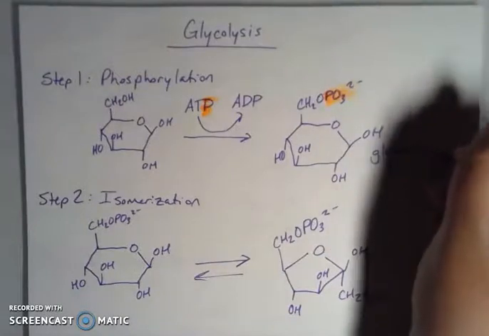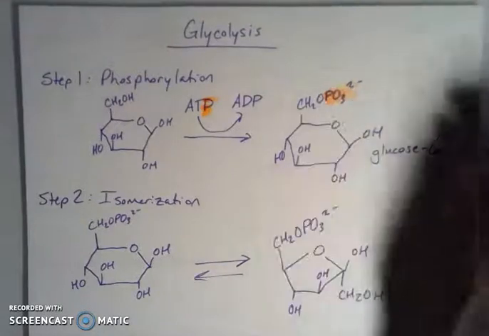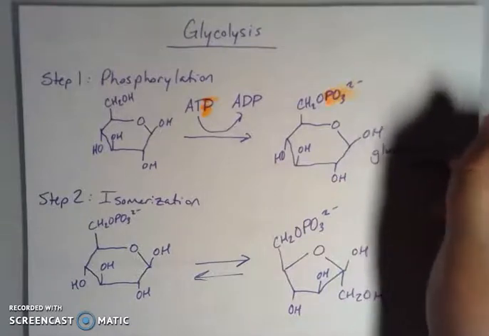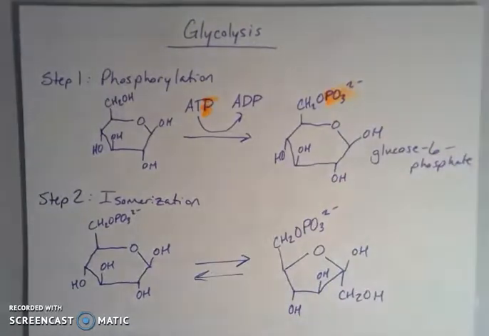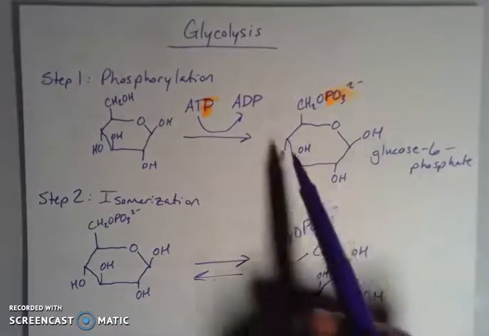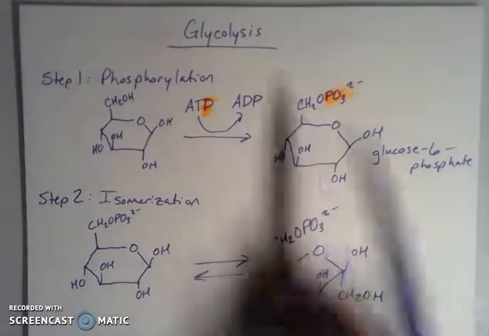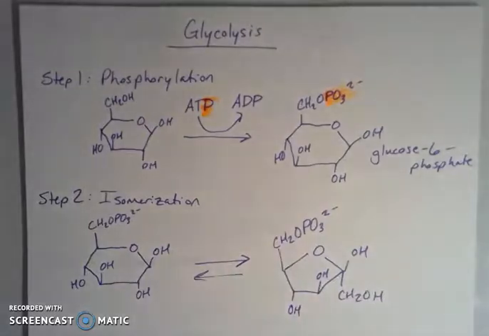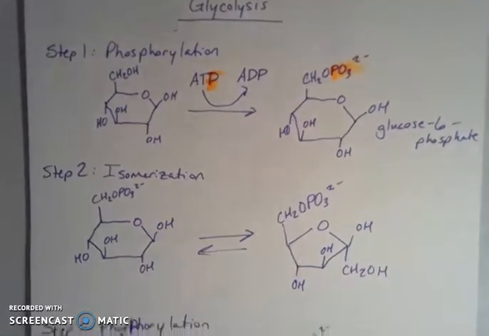It's still glucose because of where the phosphate is located. The glucose molecule is unchanged, but on that 6th carbon, the one that's poking off the top, has a phosphate group. All right, so that's step 1.